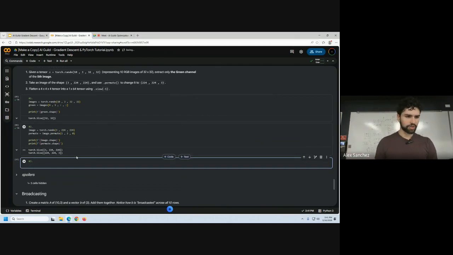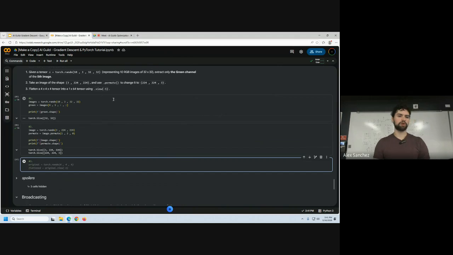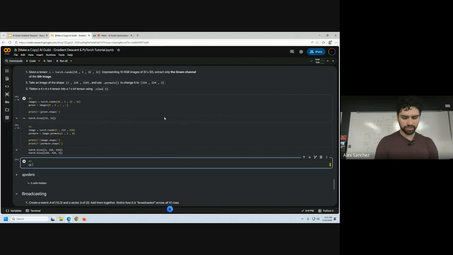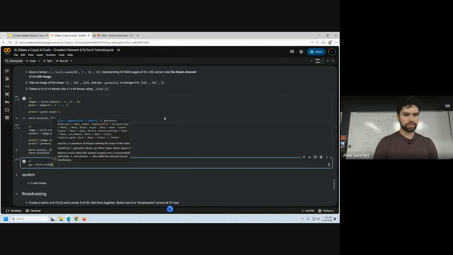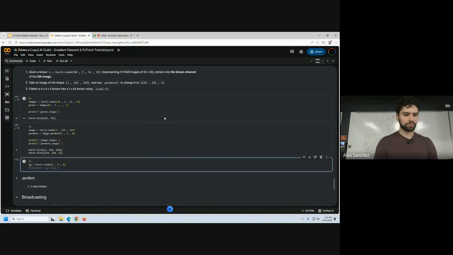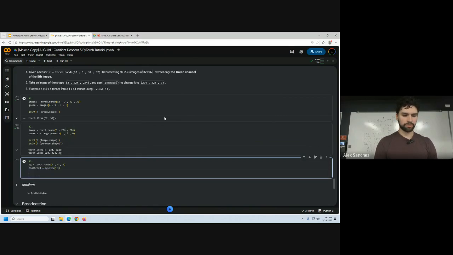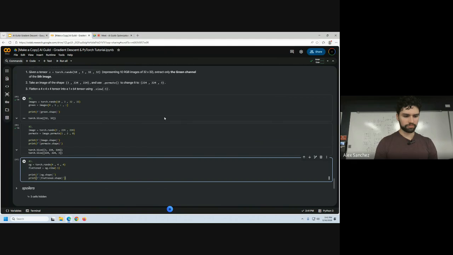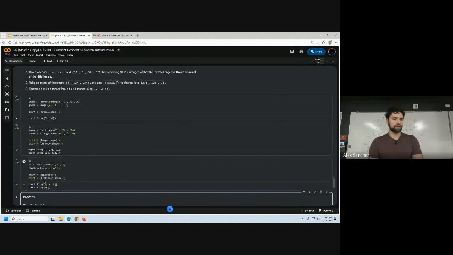And for 3, what is 3? Flatten a 4 by 4 by 4 tensor into a 1 by 64 tensor. So we have an original tensor, and we're going to use randn to randomly make a 4 by 4 by 4 tensor. And we're going to use .view(-1) to flatten it. Here, print the shapes.